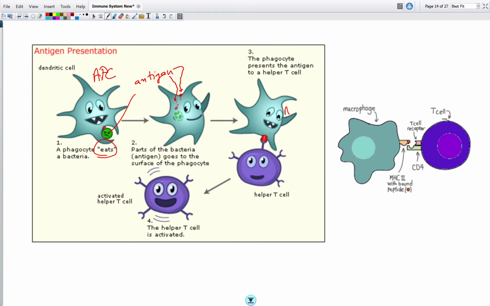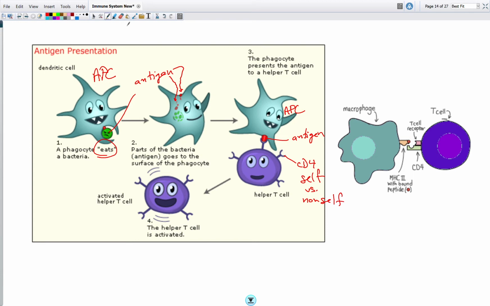Our antigen presenting cell shows the antigen to the helper T cell, and it uses the CD4 receptors to determine self versus non-self. This is, again, the major histocompatibility complex. How compatible are our tissues?